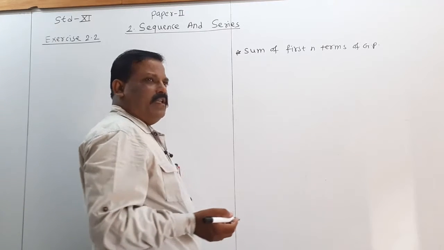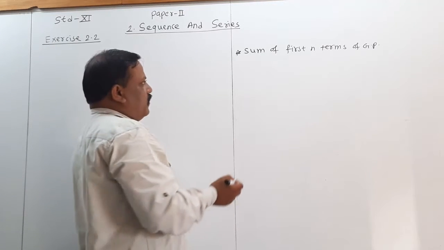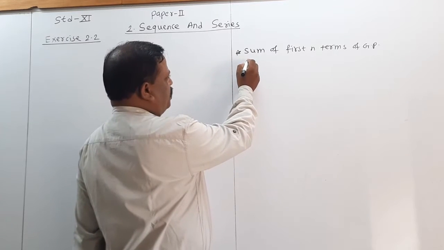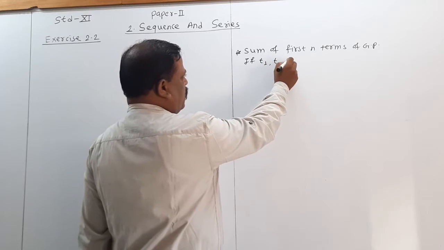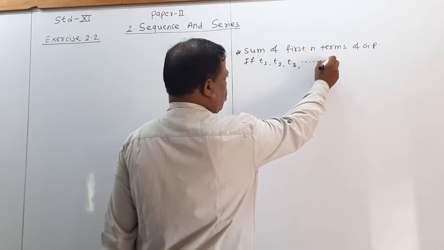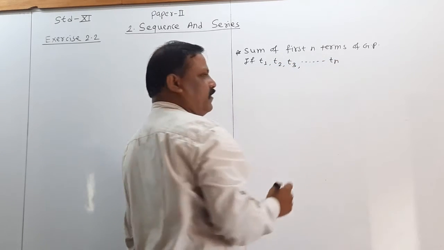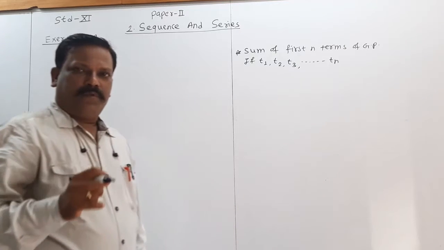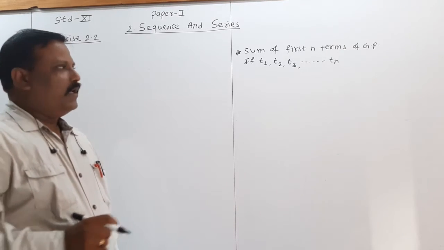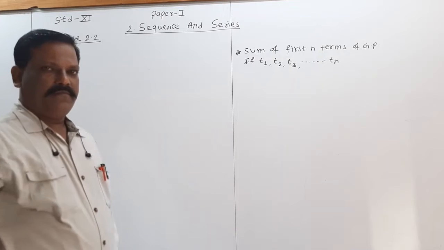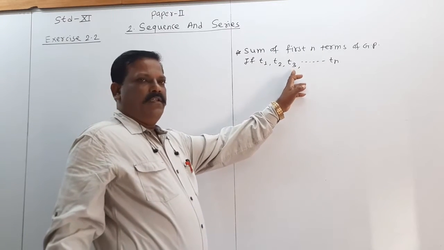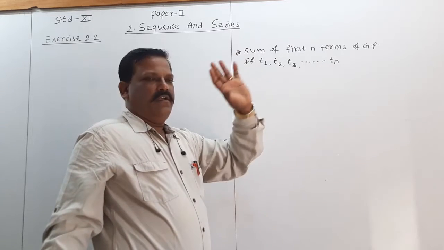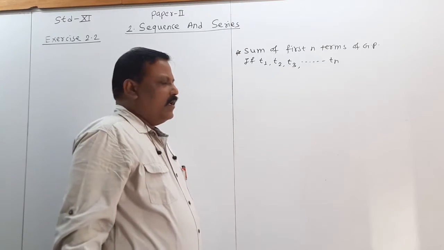If we consider the terms of a geometric progression T1, T2, T3 up to Tn, T1 is the first term, T2 is the second, T3 is the third, up to Tn, the nth term.